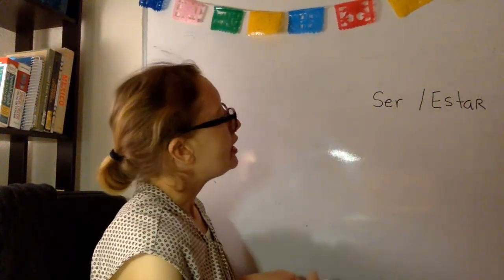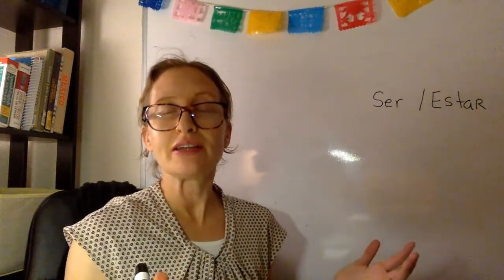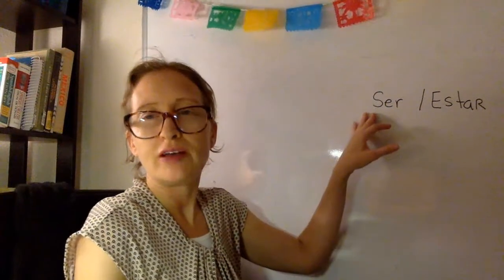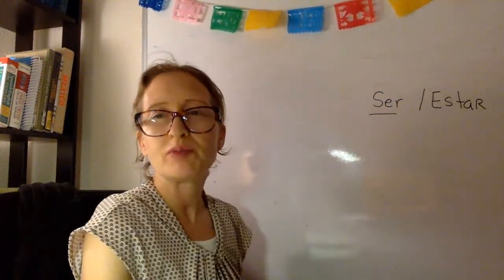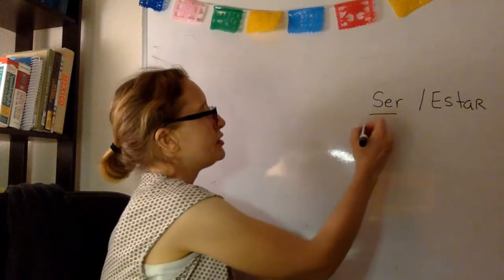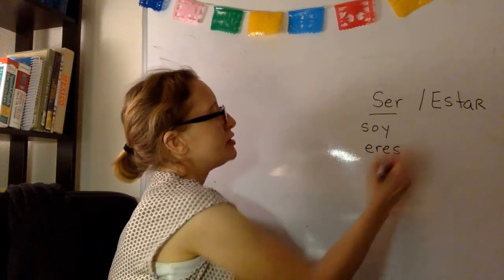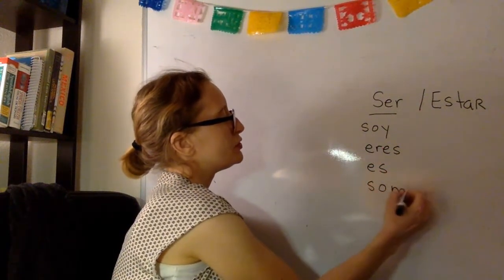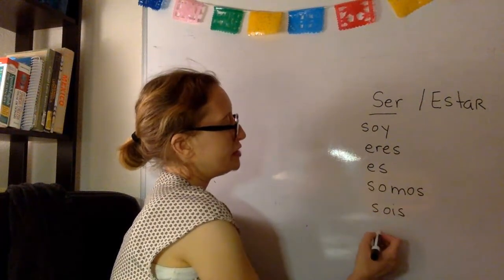Ser is a verb that is completely irregular. So it does not follow the regular conjugation pattern, and so you're going to have forms that simply have to be memorized just as they are. We have yo soy, tú eres, él, ella, usted es, nosotros somos, vosotros sois, ustedes son.